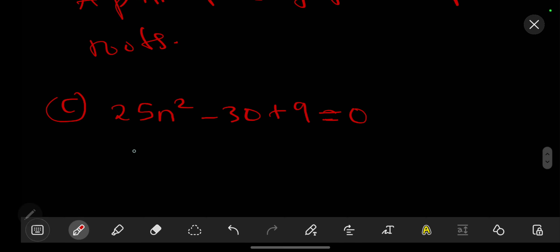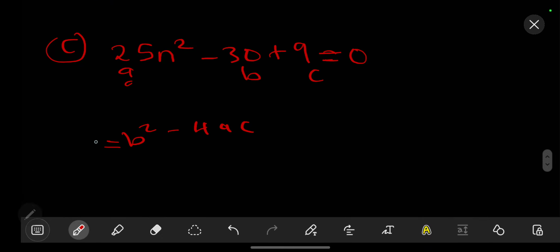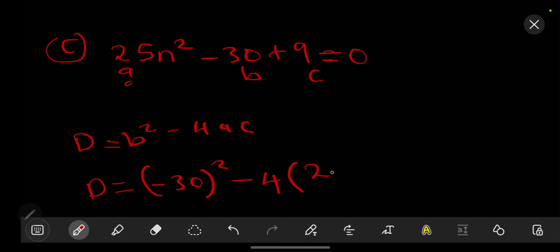For this one, same approach. This is our A, this is our B, this is our C. So B squared minus 4AC, we find out what it gives us. The discriminant: our B in this case is negative 30. We square this minus 4, our A is equal to 25 times our C is equal to positive 9.